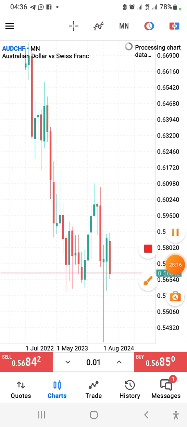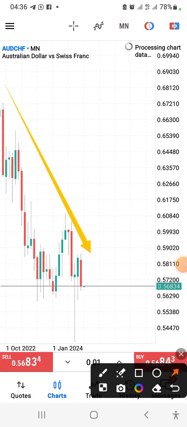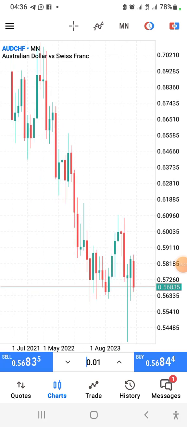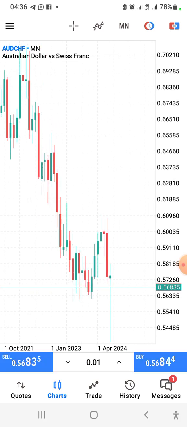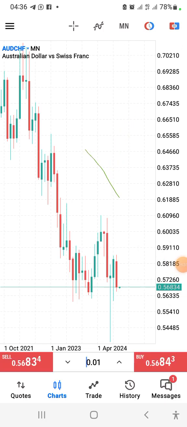You can see the trend is a downtrend, just looking at the lower highs. The moving average has even appeared to tell us that it's a downtrend. You can see lower high and lower low.